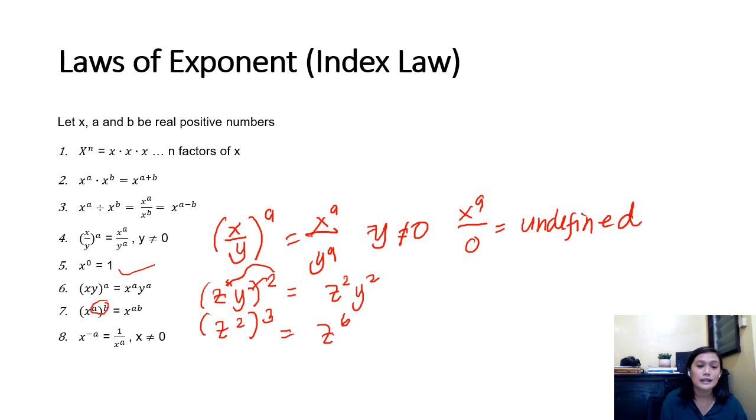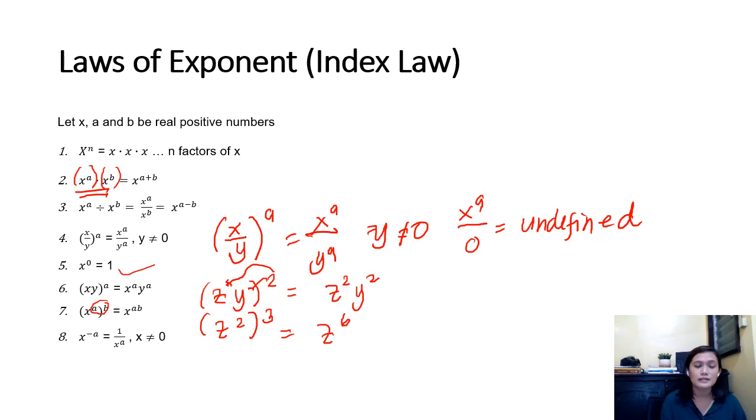You multiply the exponents. When you multiply one term by another, you just add the exponents. But if z is raised to an exponent and is raised again to another exponent, you simply multiply the exponents.